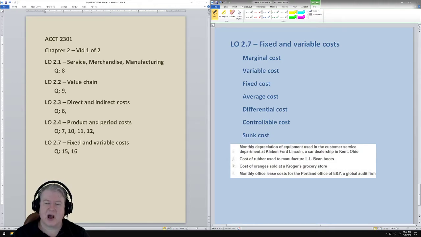Marginal cost is the cost of one additional item. The two that I want to focus on are going to be variable cost and fixed cost. So when we start looking at things, variable cost is any cost that changes with production.